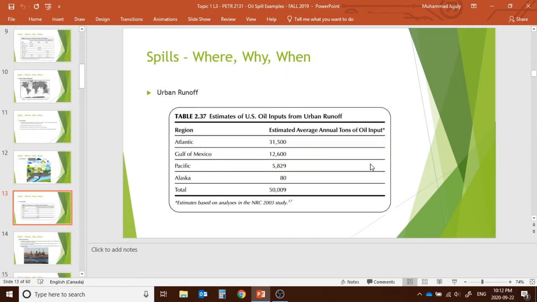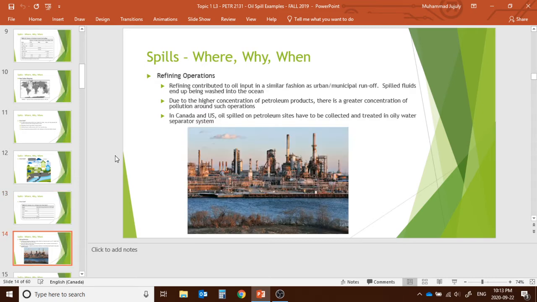Okay, so the total estimated US oil input for urban runoff is nearly 50,000 tons in total. Refinery operation is similar to urban runoff. We have some discharges from the refinery, and sometimes we can't take care of the spills, although we should, but sometimes it doesn't happen.